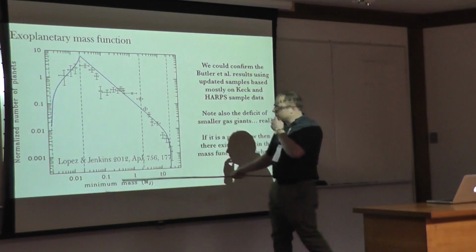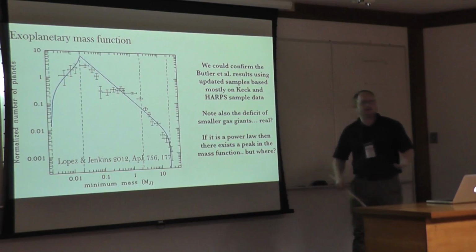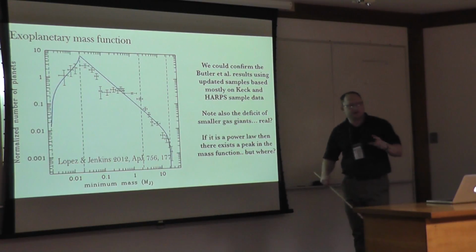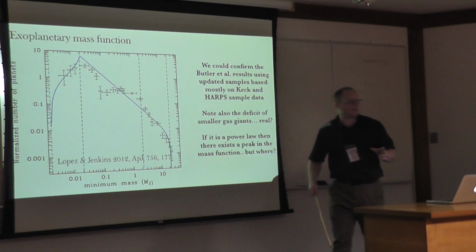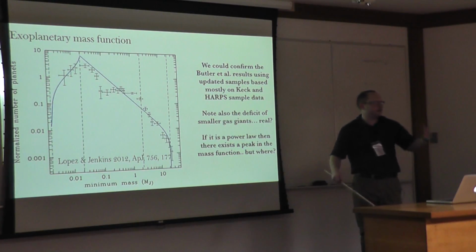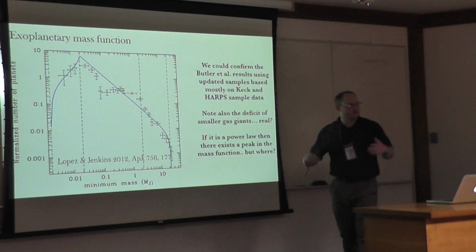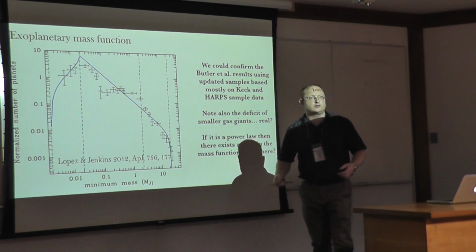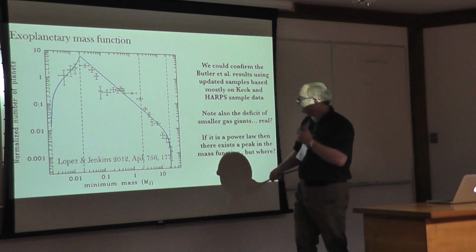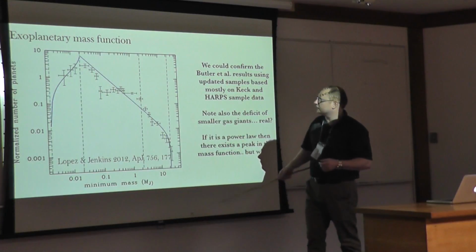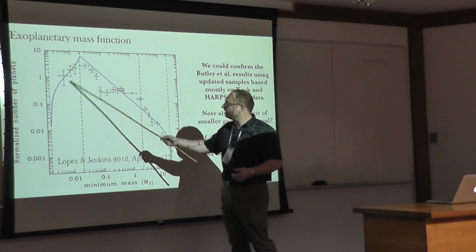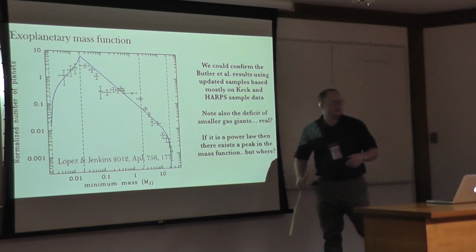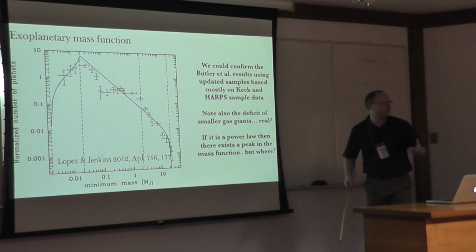The interesting point, though, is that the peak turns out to be something around 6 to 10 Earth masses or so, which is around the canonical boundary for runaway gas accretion onto a forming core. So that may be something interesting, or it may not. It may just be that there's a completeness bias, and we're working on this to try and get those statistics to work in our favour.